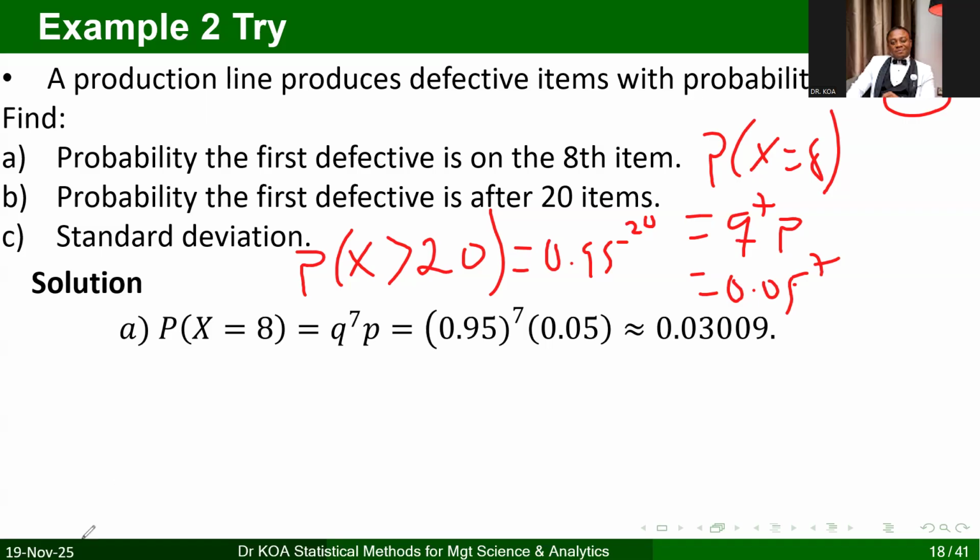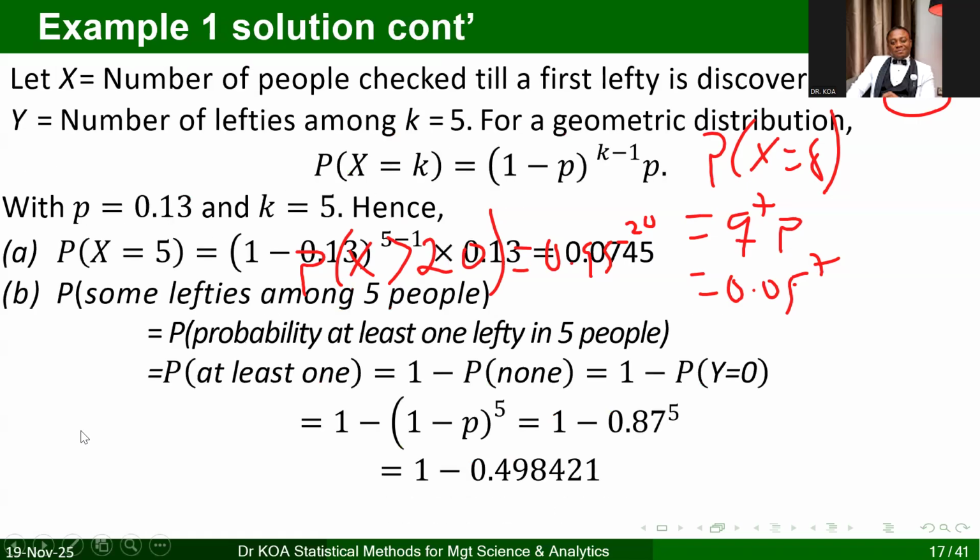Let's just go back to the previous one. Because that word, at least one lefty in 5 people, means that they are all possible possibilities. So there is no need to deduct 1 from the sample that you have. And therefore, anything about P is 0 in principle, because the 1 is gone.